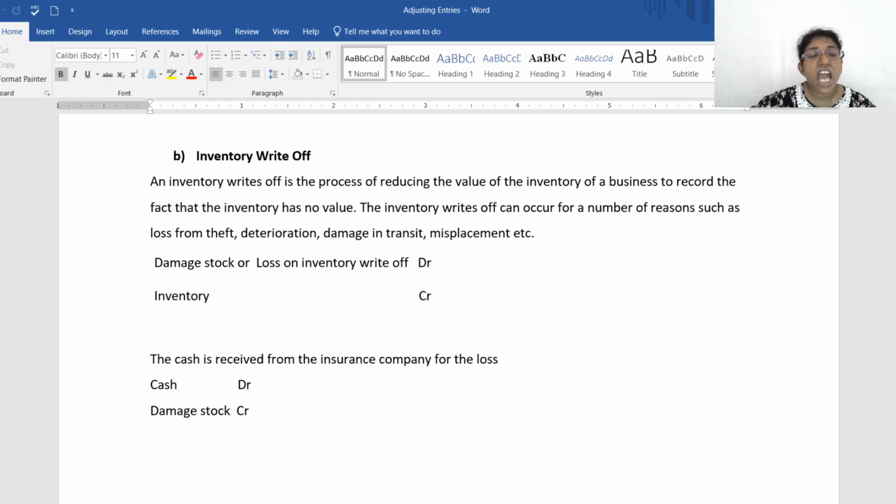For the cash receipt, we are going to debit the cash book and credit that value to the damaged stock account. Then when there is a debit entry and a credit entry, there can be a profit from this loss as well as a loss from these damages.